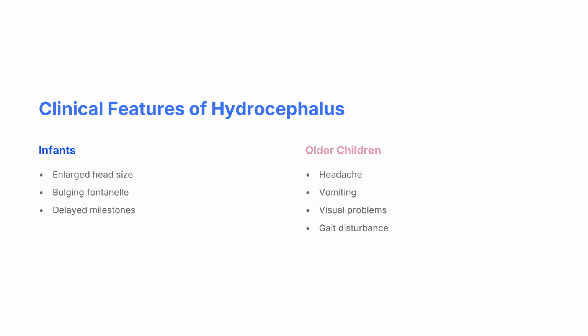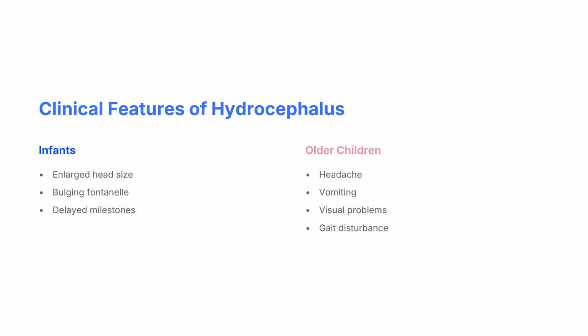So that would be impaired. In older children, the symptoms would include headache, vomiting, visual problems, and gait disturbances. Age matters because the skull bones are flexible only during infancy. Okay.